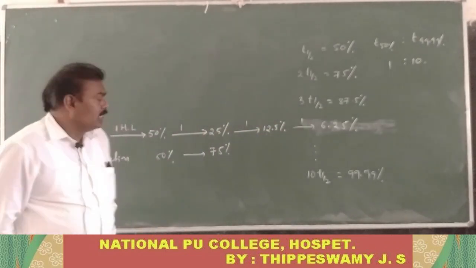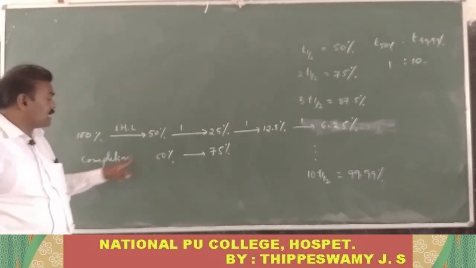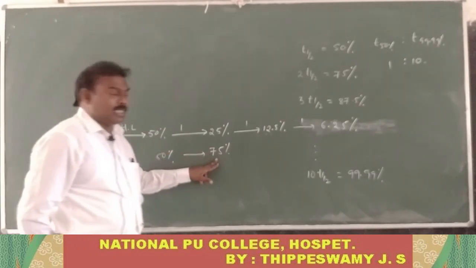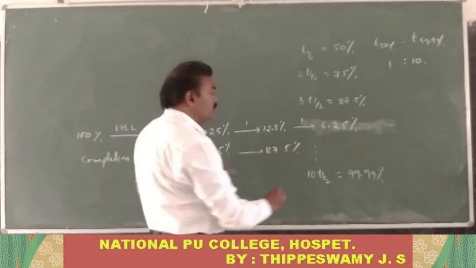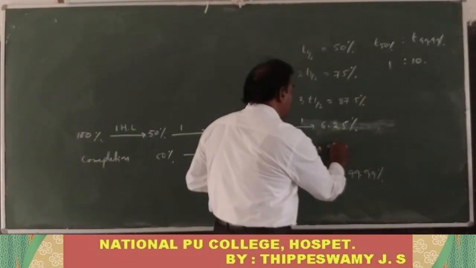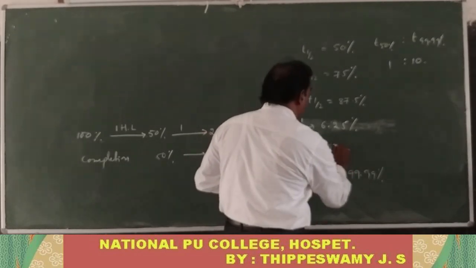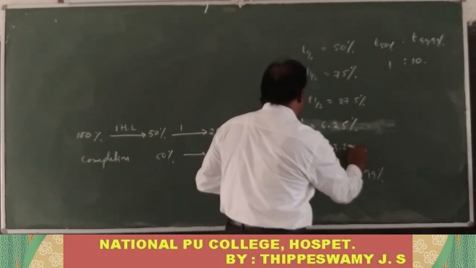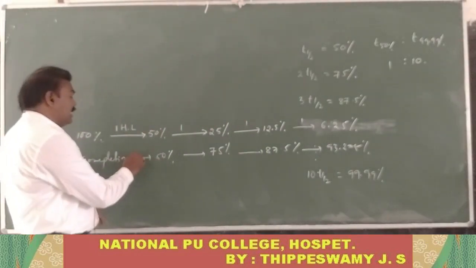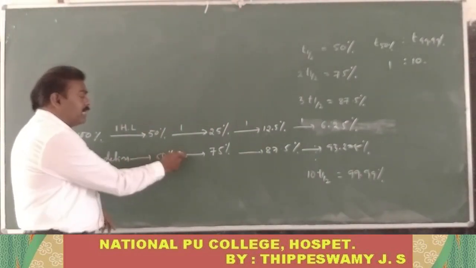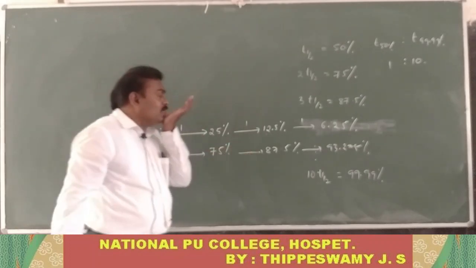Following all of you. And similarly, now 50% is completion and 75% completion, and here 87.5% completion, and here 93.75% completion. Like that, from here to here that is 1 half-life, from here to here 1 half-life, here to here 1 half-life. You should know the point.